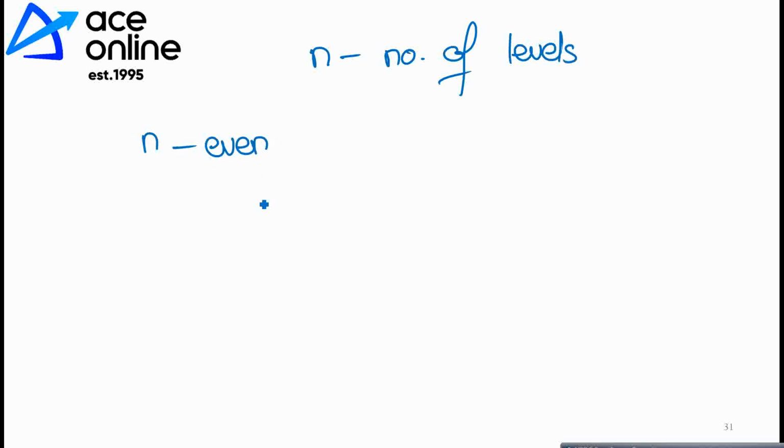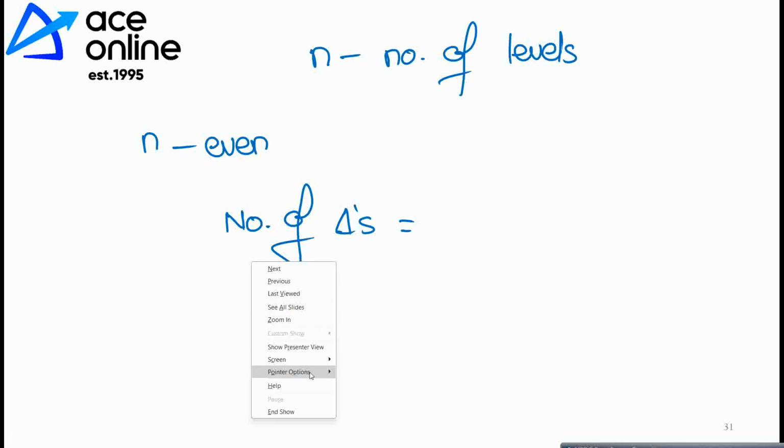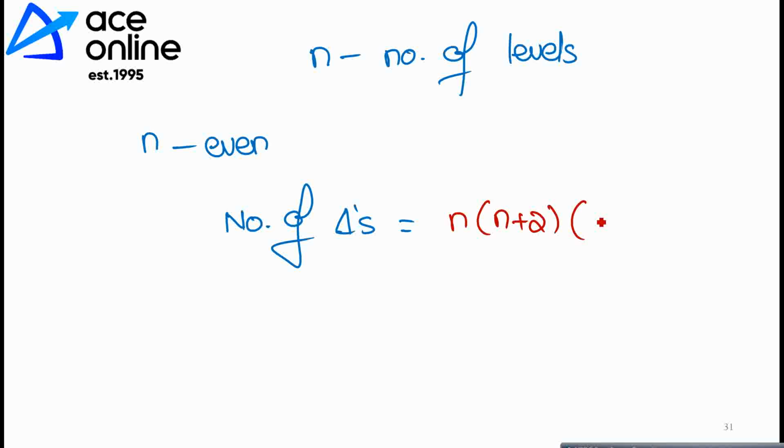Then we brought one simple logic where n is the number of layers or number of levels. If n is the number of levels and n is even, the number of triangles is given by a formula we developed after handling all different types of examples: n into n plus 2 into 2n plus 1, divided by 8.